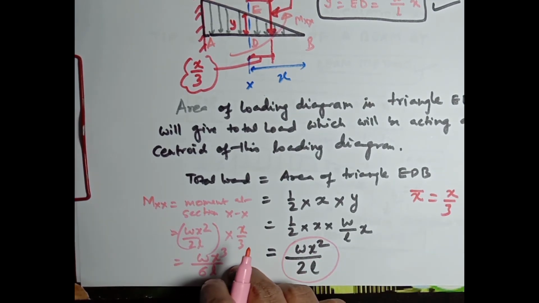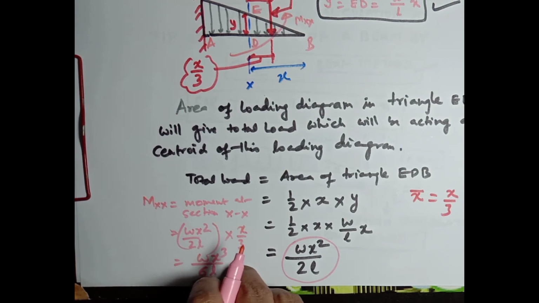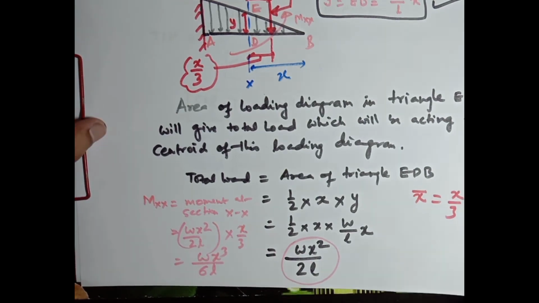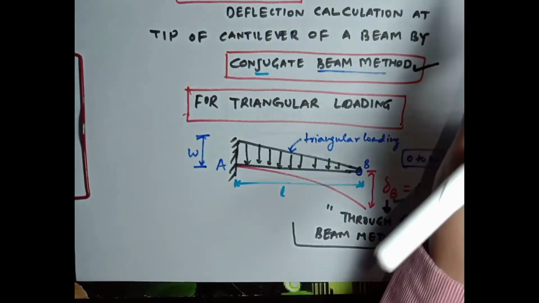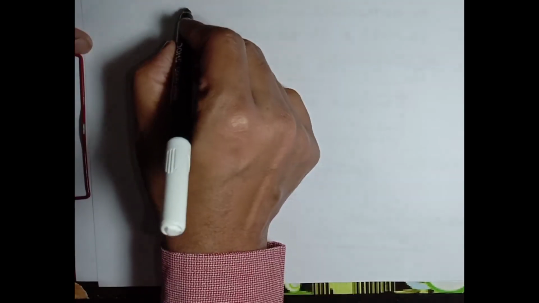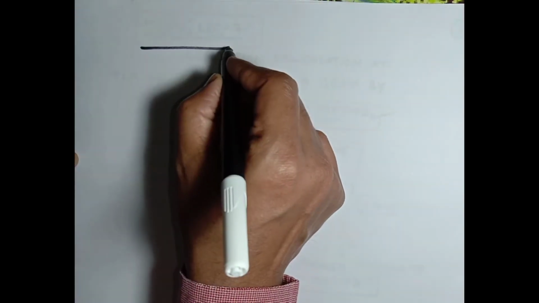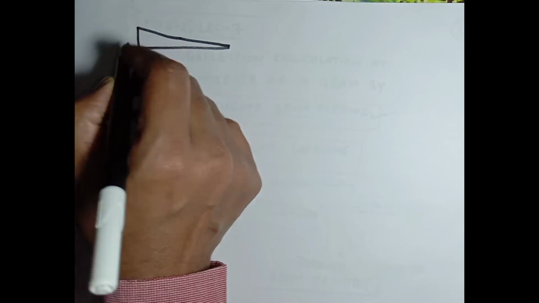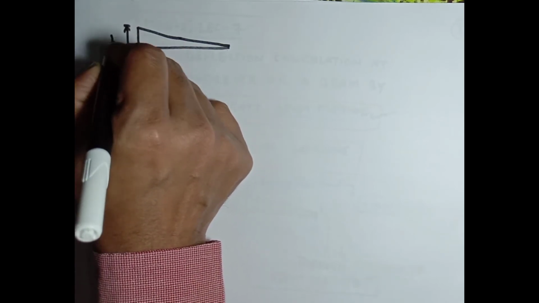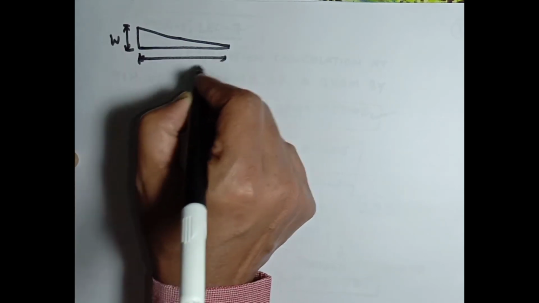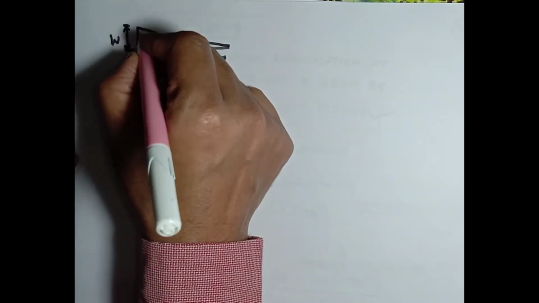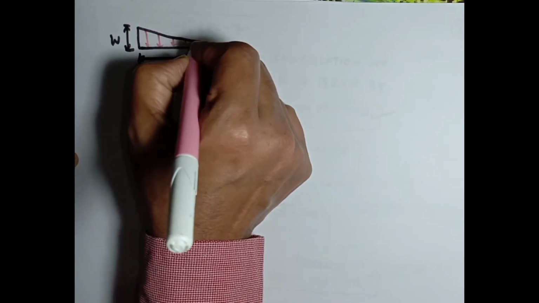which is a function of x to the power 3. Now the bending moment diagram for this triangular loading: this value is W, length is L, and this is the load acting on this beam.